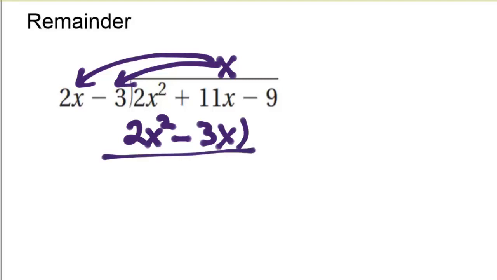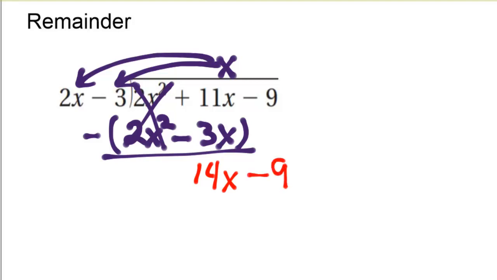And be sure to put parentheses around this before you subtract. 2x squared minus 2x squared is 0, so that drops out of the problem. And then 11 subtracting -3, or 11 minus -3 is plus 3, so you end up with 14x.